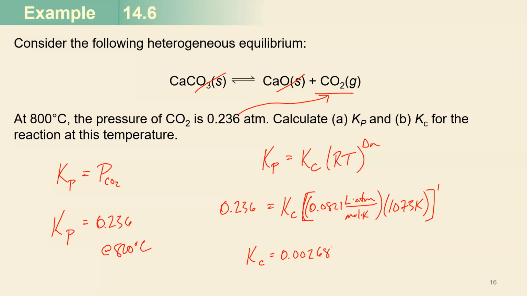Again, no units on equilibrium constants. Again, not very different from what we did on Friday when we did a practice problem with Kc, Kp conversion. We just have to remember to ignore the solids in our reaction.